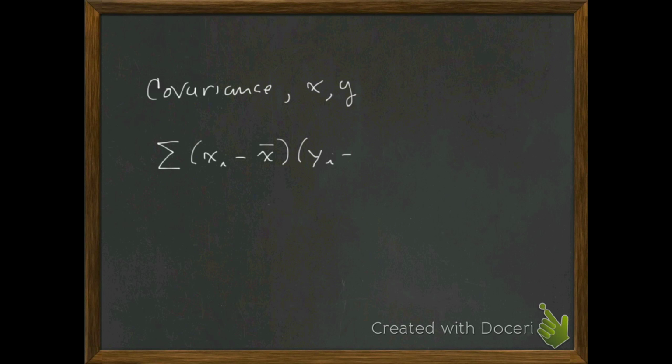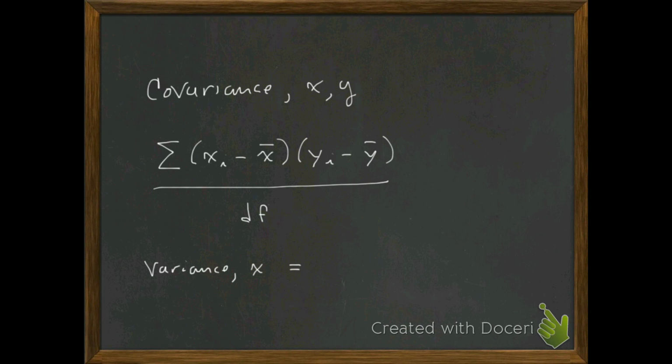Now, if we look at the covariance of X and Y, the covariance formula looks awfully close, very similar, to the variance formula.